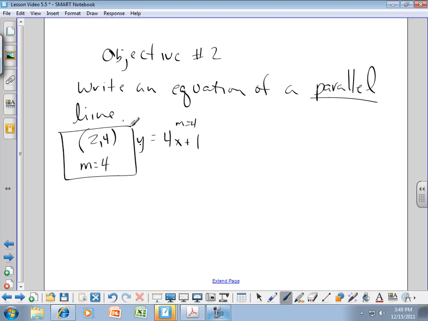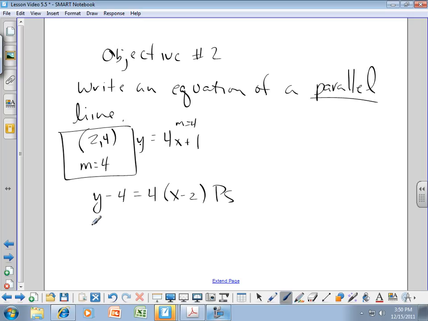So we're going to use a point and a slope, and we're going to write our equation. Y minus 4 equals, oh, not 2. The slope's not 2. What's the slope? 4. Good. Times x minus 2. And if it just says write an equation, that's fine.